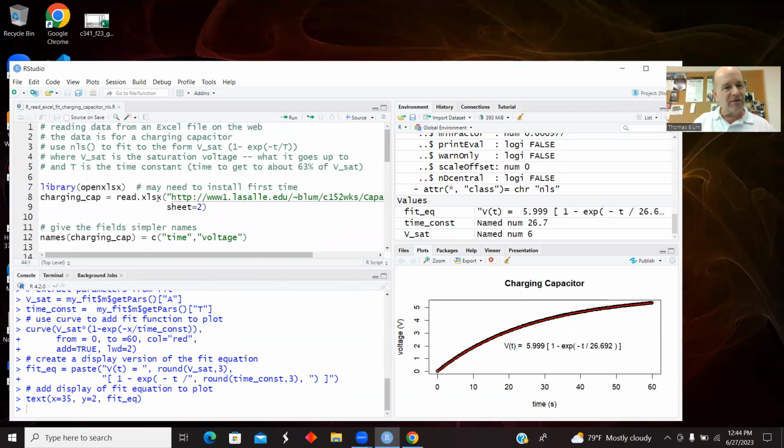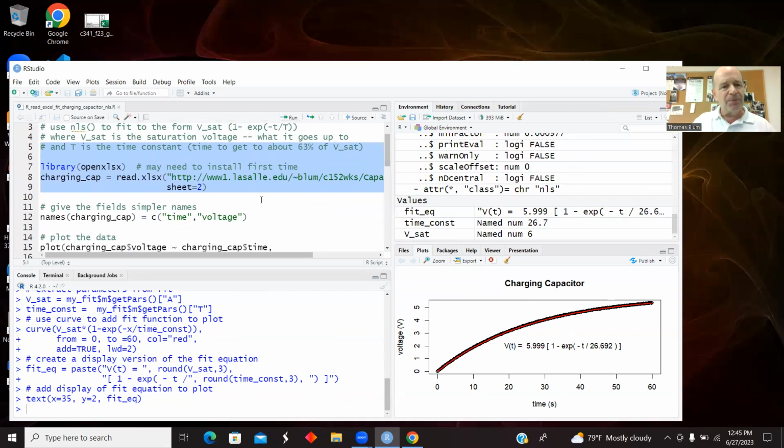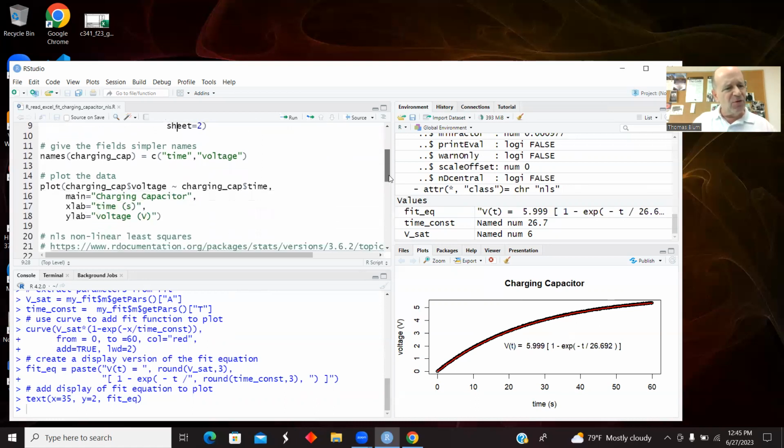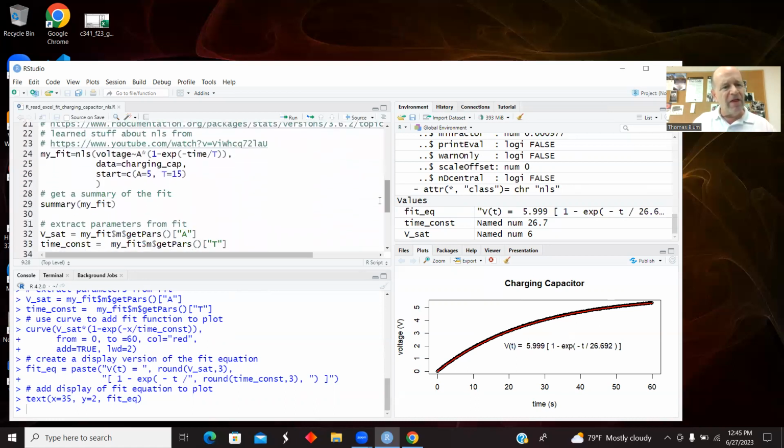Two things. I've used a different Excel accessing library than one I've used in the past. It was better for working with the web. It also directly gave me a data frame, so I think it's kind of nicer than what I used before. And then also new for me is this NLS. So this was a function that I couldn't simply write in a linear form.